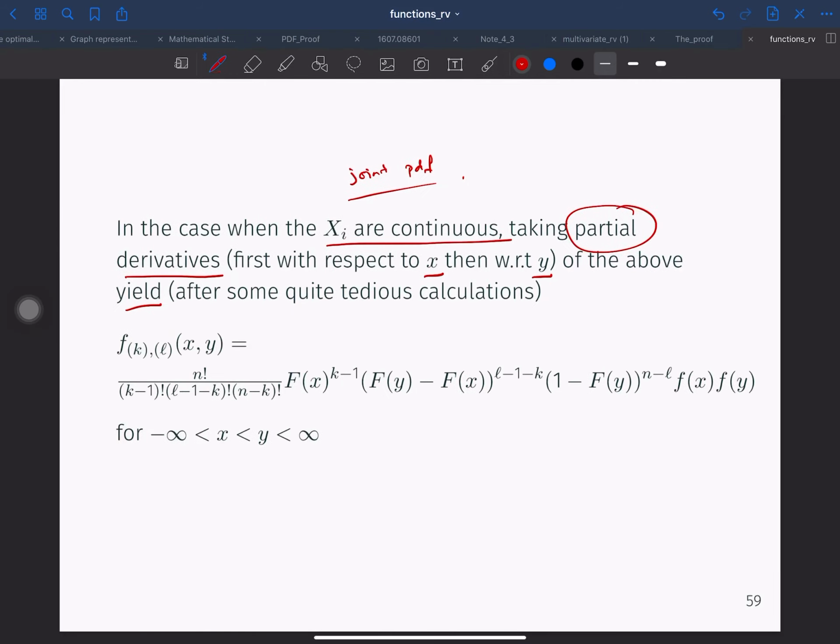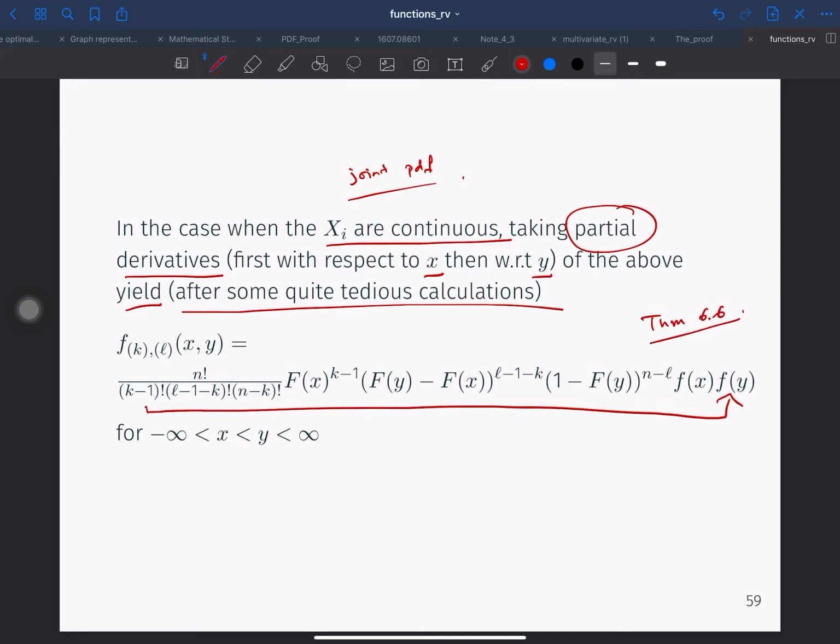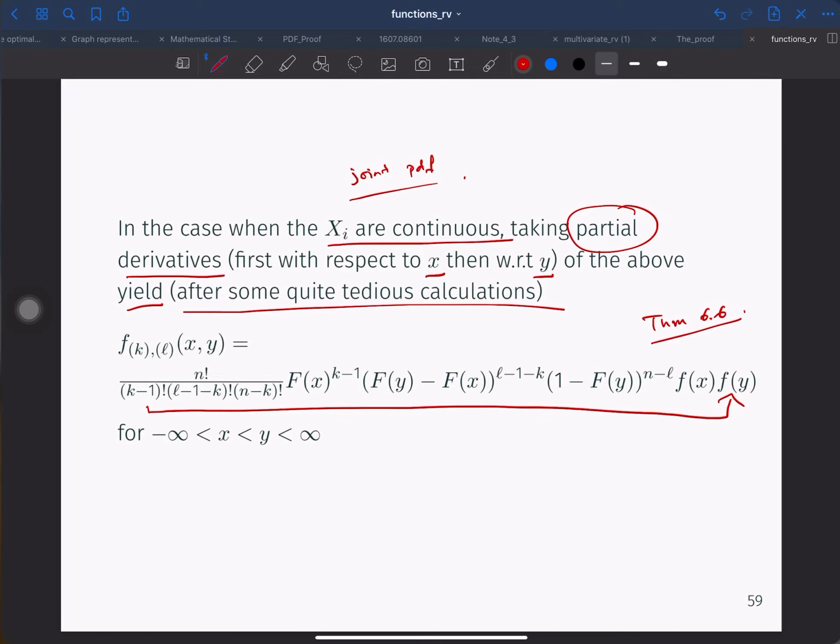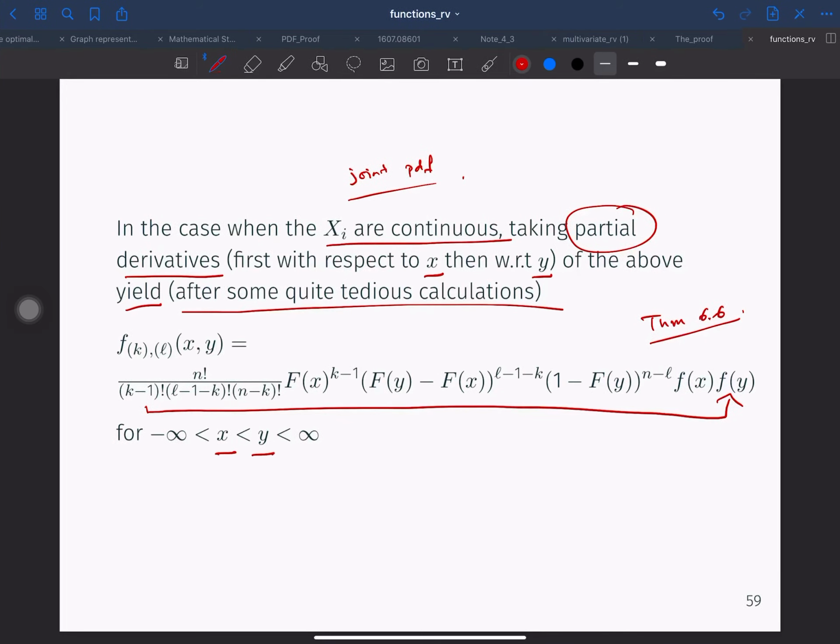But in any case, after some tedious calculation, you could show that the partial derivative of the sum turns out to be this messy expression, which is Theorem 6.6. That is true for x less than or equal to y, because like I said, otherwise the derivative with respect to x of the probability that Xl is less than or equal to y is equal to 0. So the joint PDF is 0 if x is bigger than y.